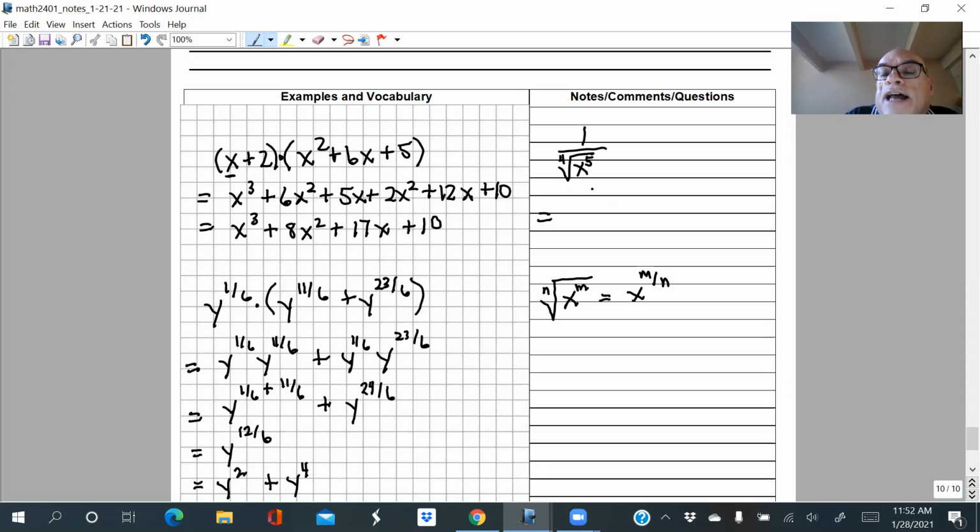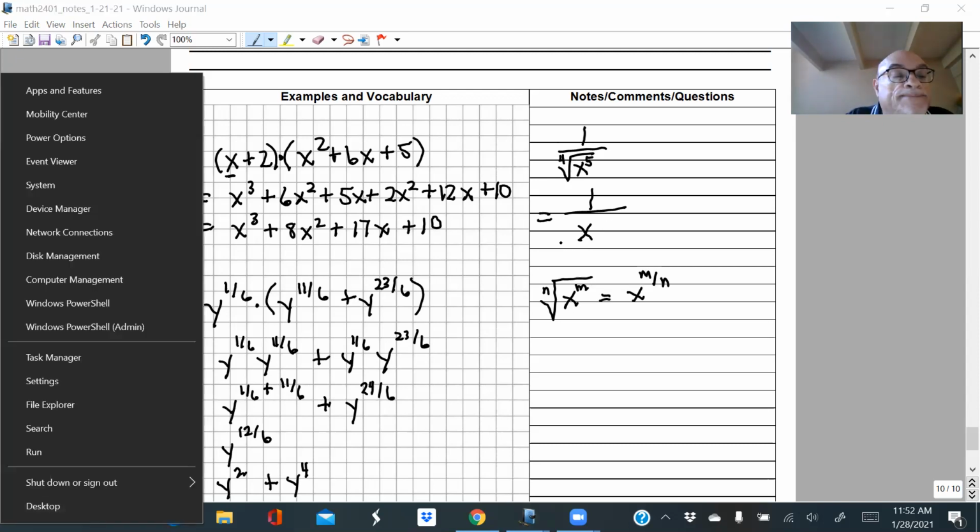So notice in the denominator of this fraction, you have the fourth root of x to the 5th power. So what does my rule tell me? I can rewrite that as x to the what fractional exponent?